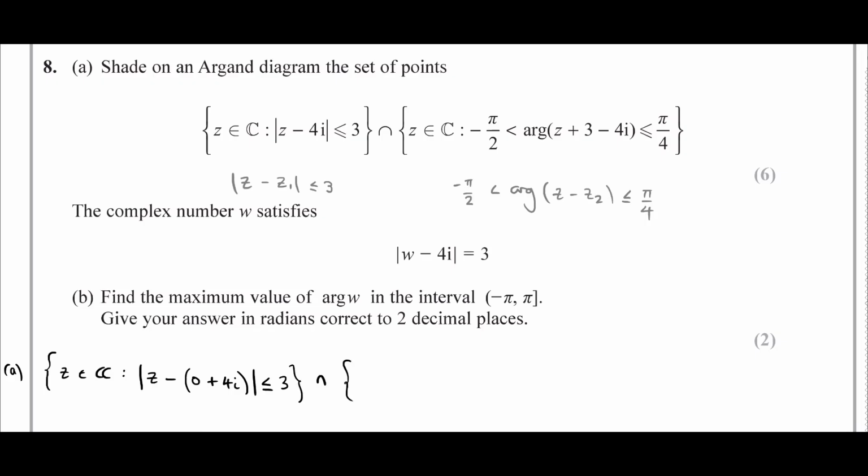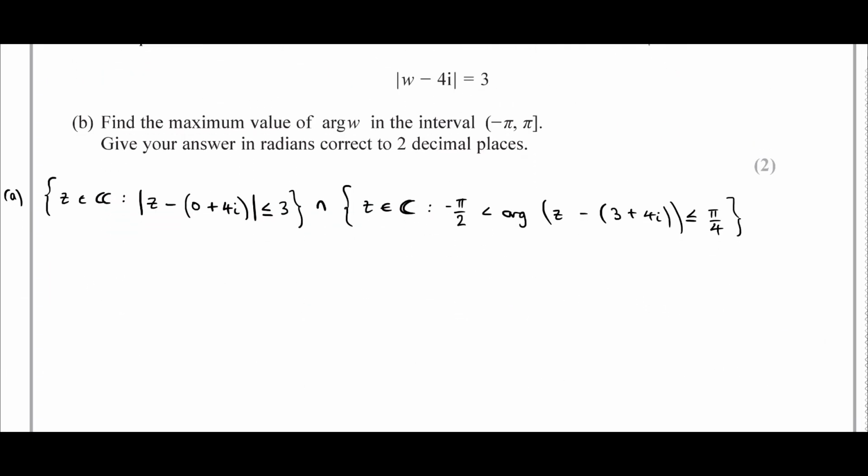And we have, for a set of complex numbers, the argument of z minus 3 plus 4i being greater than minus pi over 2, but less than or equal to pi over 4.